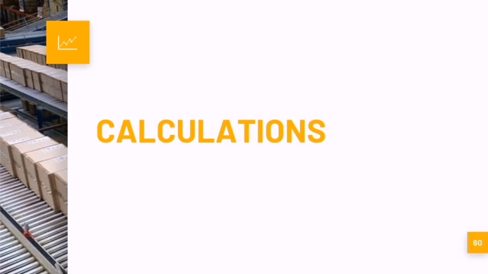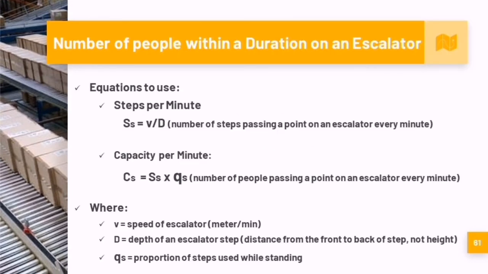So let's proceed to the calculations. To solve the number of people within a duration on an escalator, here are the equations to use. For the steps per minute, SS is equal to V over D, which is the number of steps passing a point on an escalator every minute.